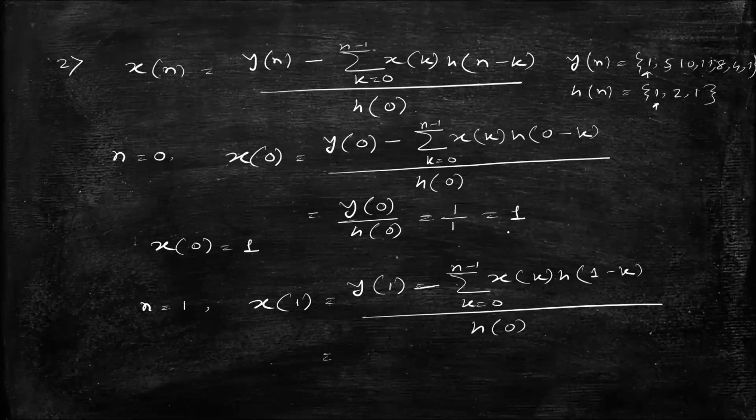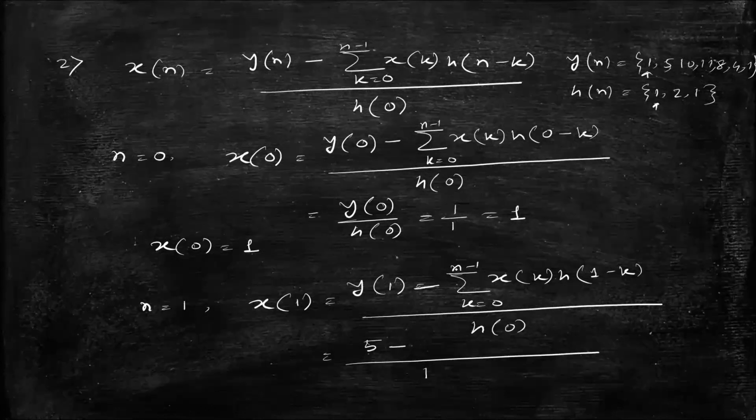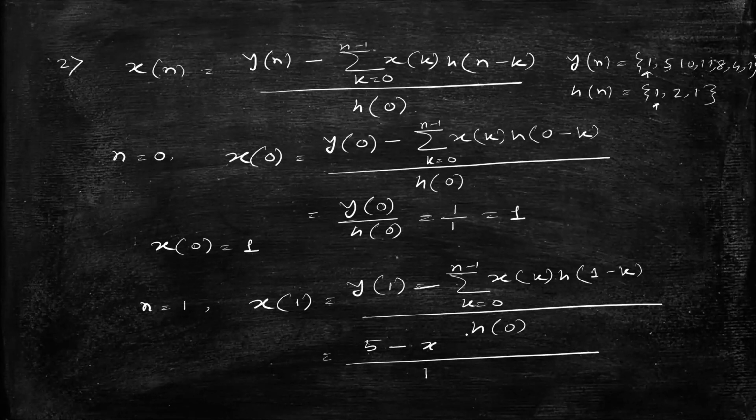So what will be the value of y of 1? 5, whole divided by 1. Now this is x of k, so it will come at 0. Okay, what is the value of n? 1, so here n is 1, so 1 minus 1 is 0, so x of 0 equal to 0. Okay, and h of 0, 1 minus 0, that is 1, because the range here will be n minus 1.